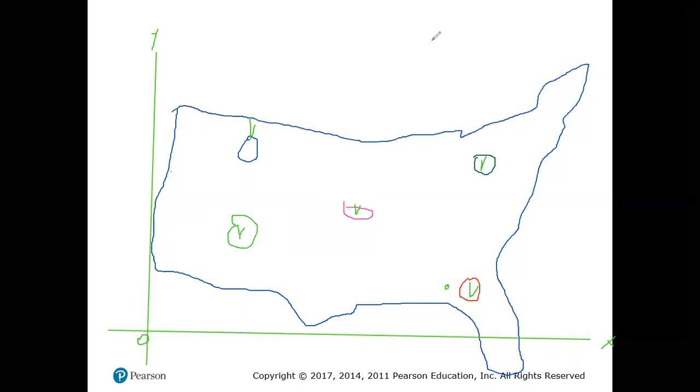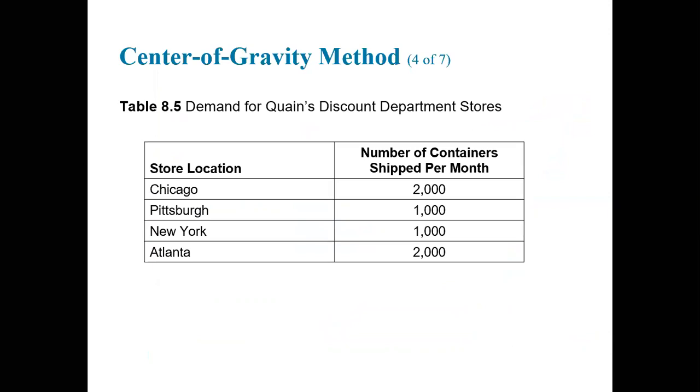And so let's see how we go about doing this mathematically. Again, it's very basic math. It shouldn't be that hard for you guys to do this when you come across it on a homework assignment or in an exam. Okay, so let's look at Quain's Discount Department Store, and they have 4 locations where they have stores.